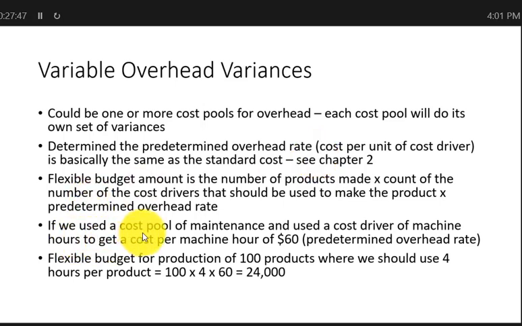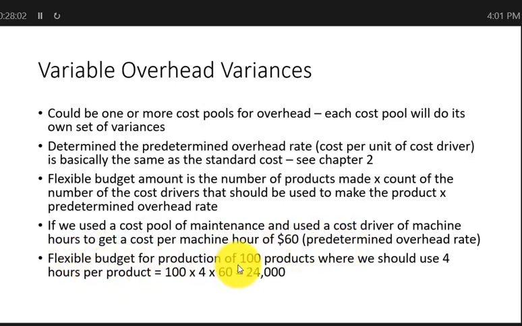So if we use a cost pool of maintenance and use the cost driver of machine hours to get a cost per machine hour of $60, so we had estimated the overhead, we had estimated the number of machine hours, we had determined the predetermined overhead rate.